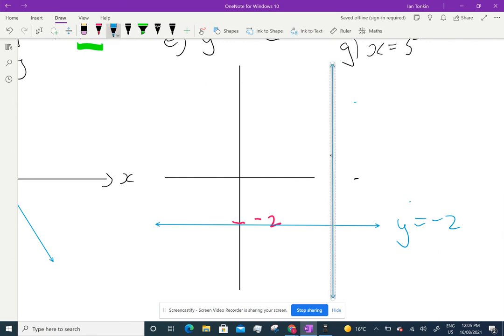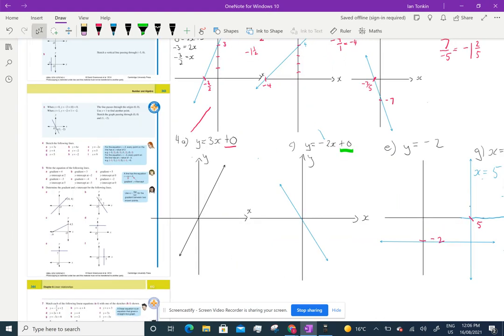Oh no. Go along here. Let's make that a bit bigger. And that is at +5. And there's x equals +5. So when you have y equals or x equals, if they're y equals, they're just going horizontally. If they're x equals, they're just going vertically.